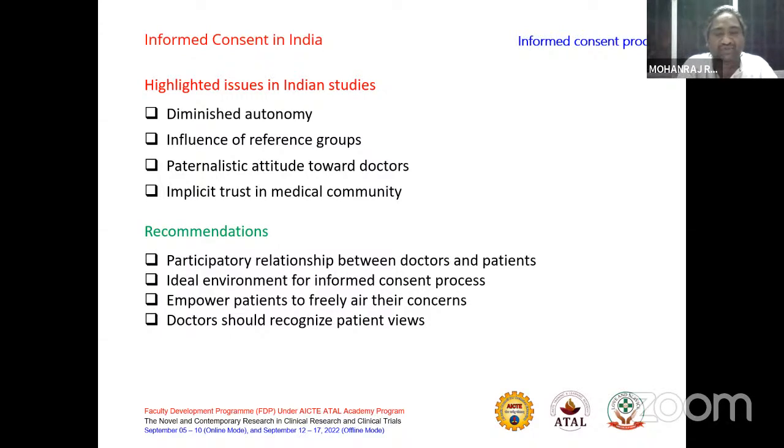The decision was not a self-decision. It is a decision made in comparison with groups of people or the community. And the attitude of the doctors towards the patient was not appreciated, so they have no trust in the medical community. Those were the challenges.